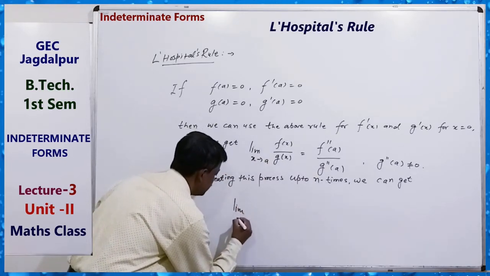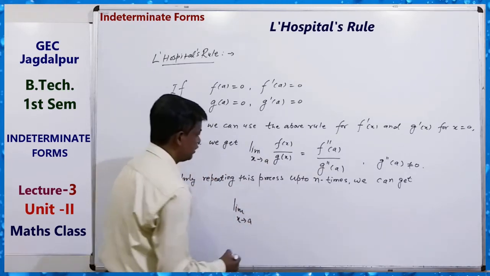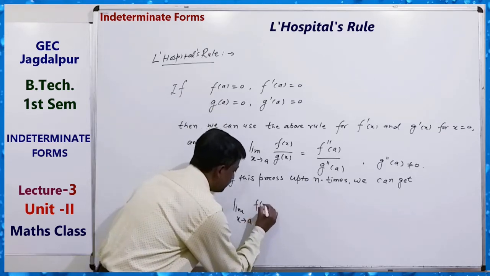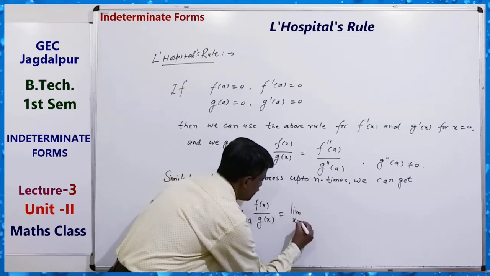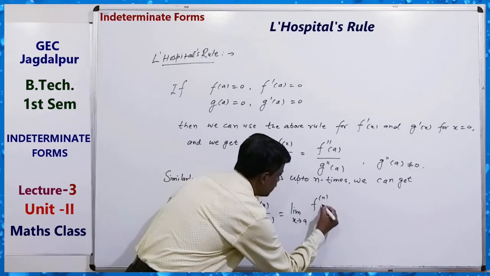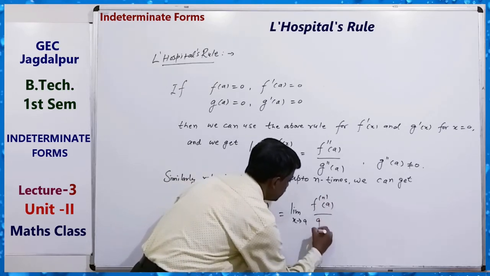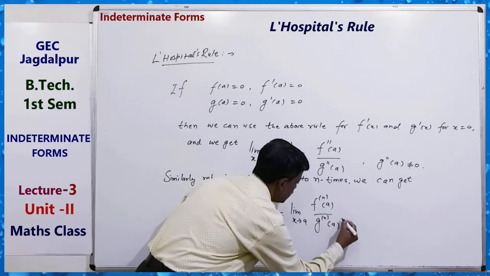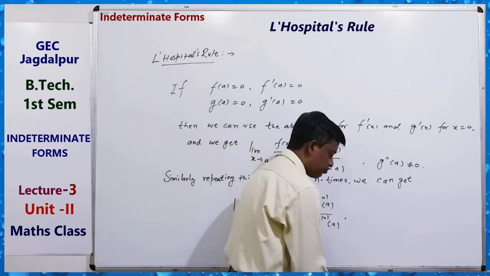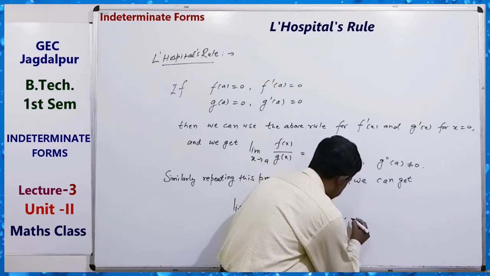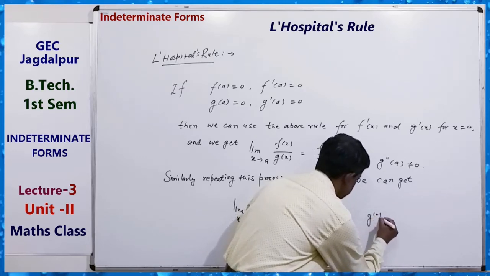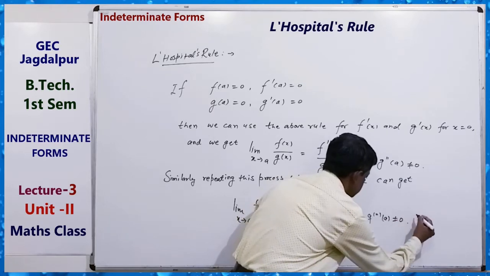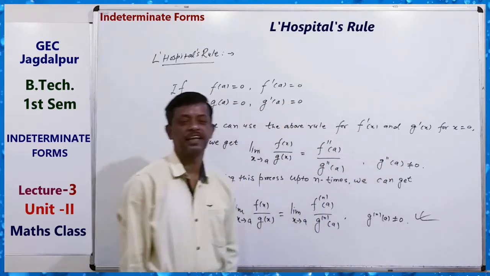Limit as x tends to a of f(x) by g(x) equals the limit as x tends to a of the nth derivative at a upon the nth derivative at a. Okay. So this is L'Hospital rule.